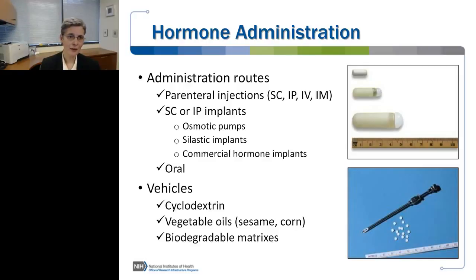We found out the hard way when we switched from sesame oil to corn oil that that actually caused confounders for the hormone assays we were using. And we were getting all sorts of strange readings and variability in our assay. So when we switched back to the sesame oil, we actually were better able to measure our hormone levels. You can also use biodegradable matrices, which are used in some of these commercial implants.